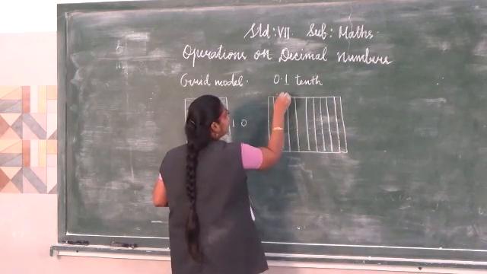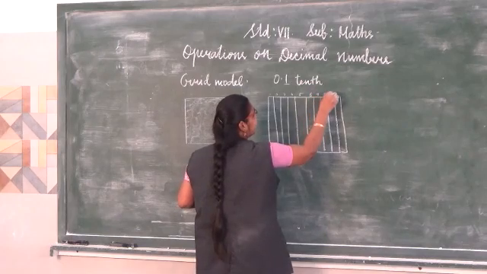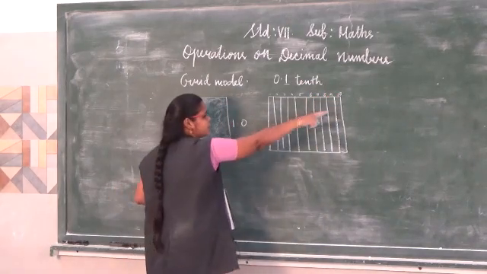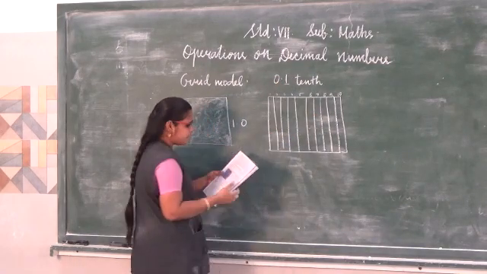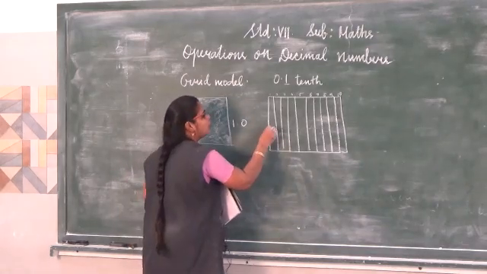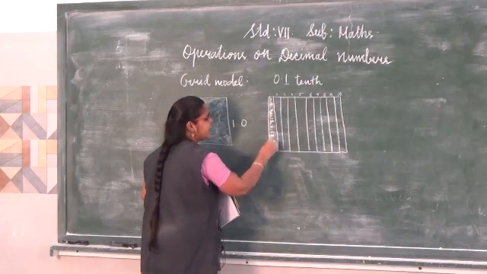In 10 columns it will be there. So 0.1, after the decimal point only one digit is there. It is represented as 1/10.